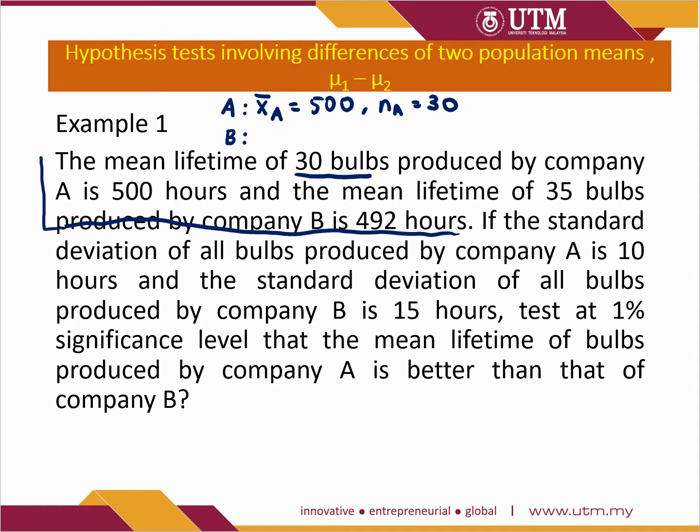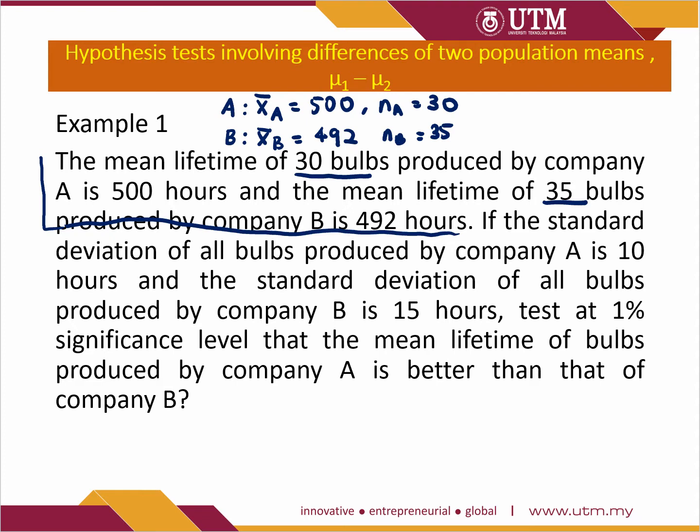And then the mean lifetime of 35 bulbs: 35 is the number of samples taken from company B, so NB would be 35. The mean of the 35 bulbs produced by company B, X bar B, equals 492.